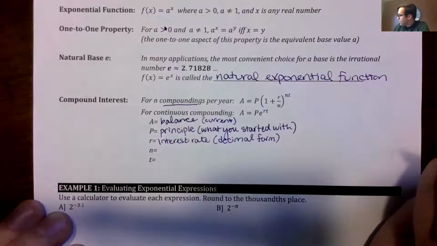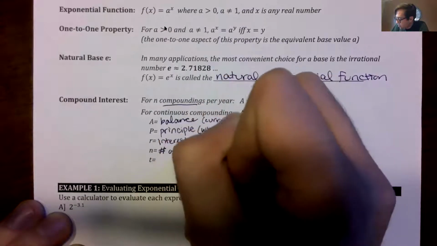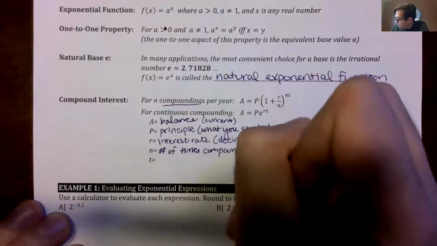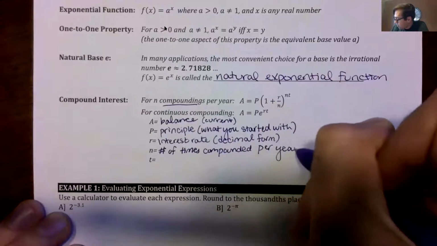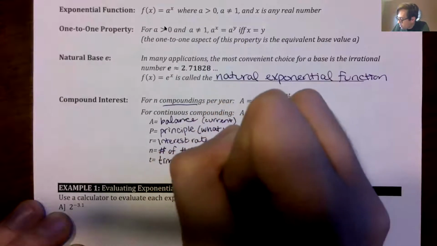N is the number of times that we are compounding in a year. And T is the time in years that we're interested in examining.